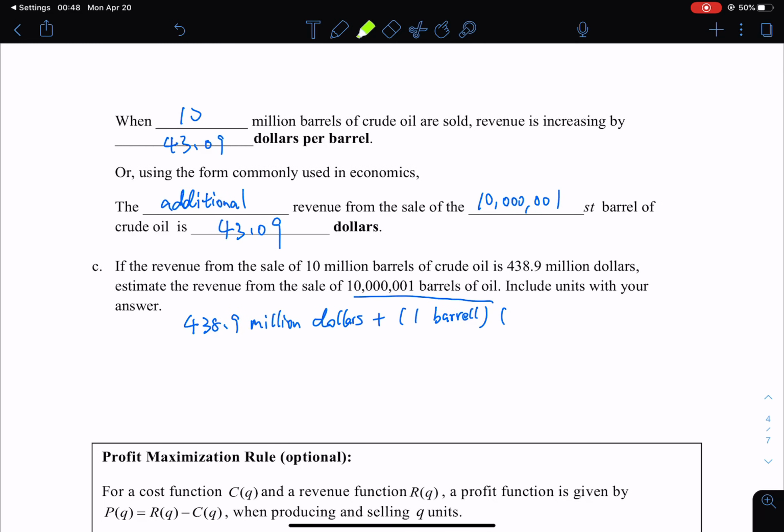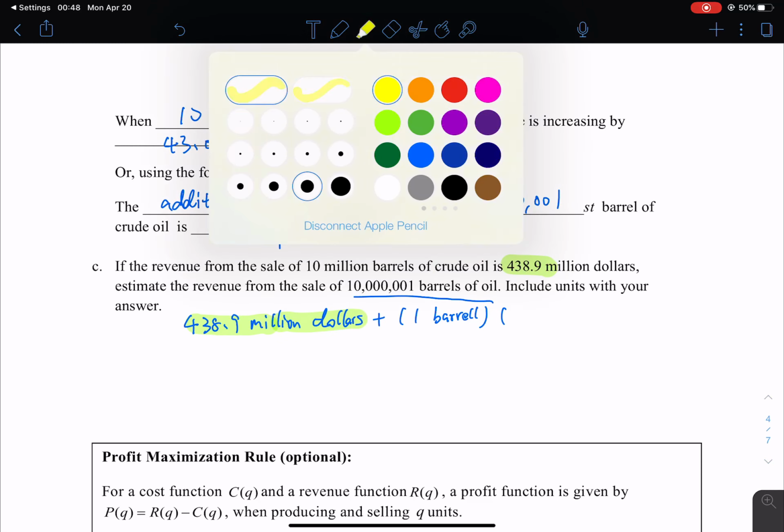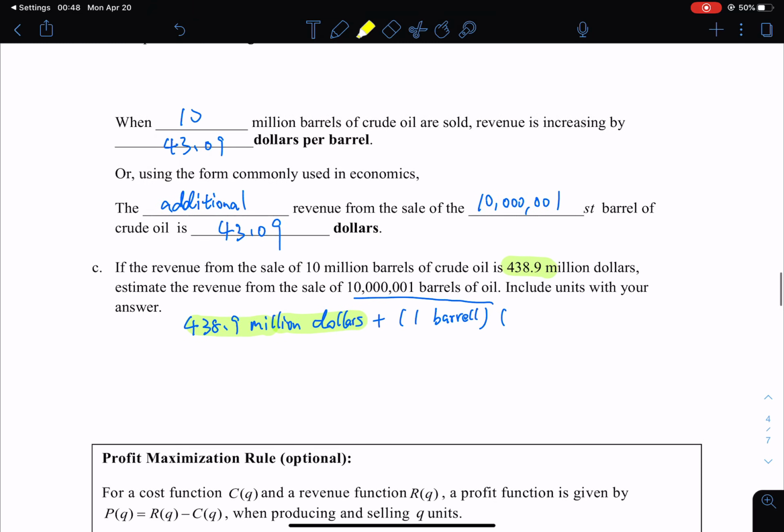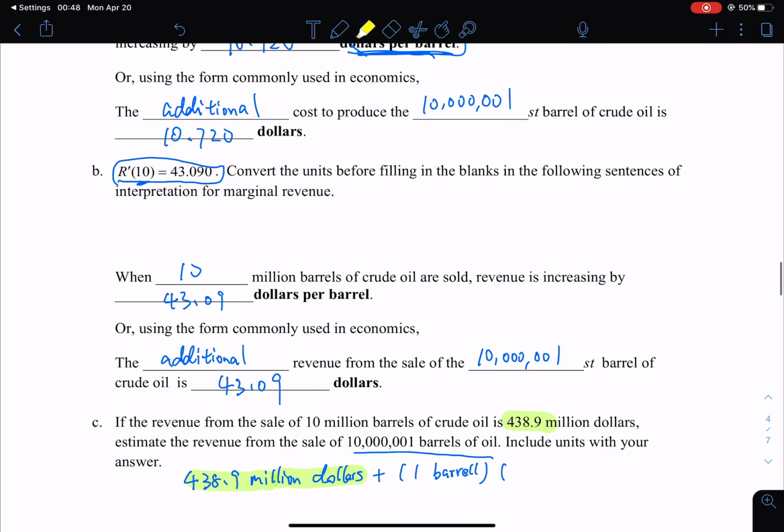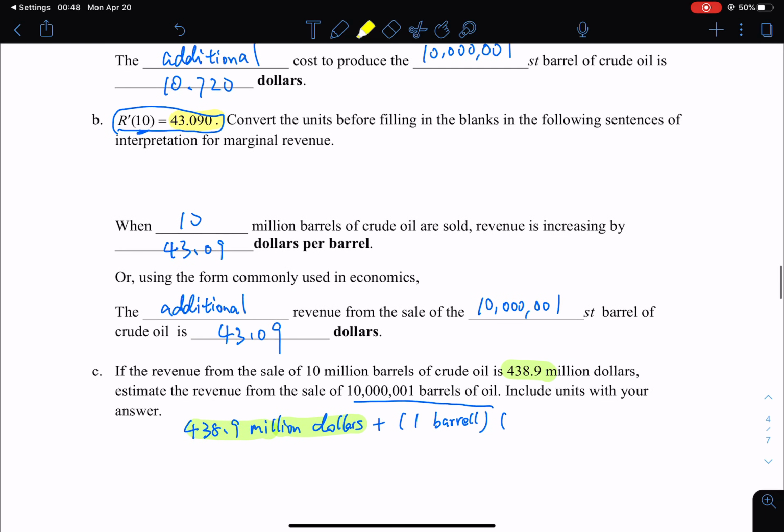So the blue parts, and then the yellow one is actually just 43.09 dollars per barrel.